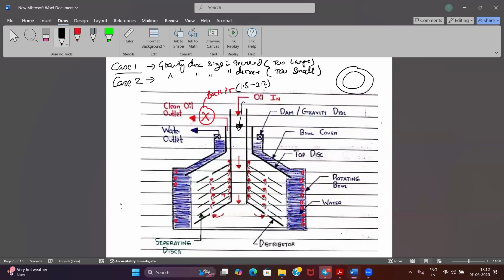Now what if, suppose you are maintaining 1.5 bar pressure and everything was going very good, and now the suction filters have choked, your purifier suction filter, and the throughput has reduced, or you have manually reduced the throughput.